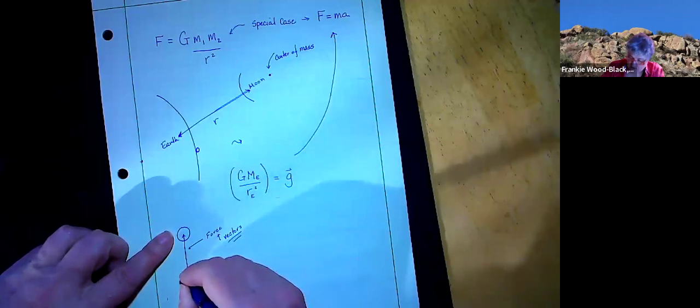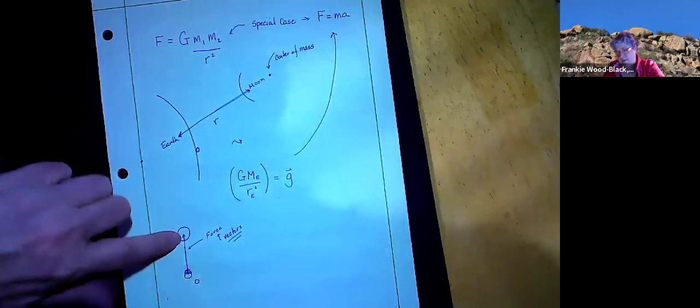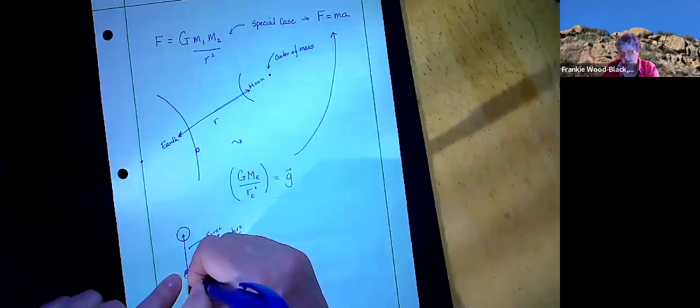This is going to be our arrow, it's going to go this way. The masses attract, so the Earth is going to want to be pulled to the sun. Well, similarly, the Earth is also going to be pulled toward the moon.